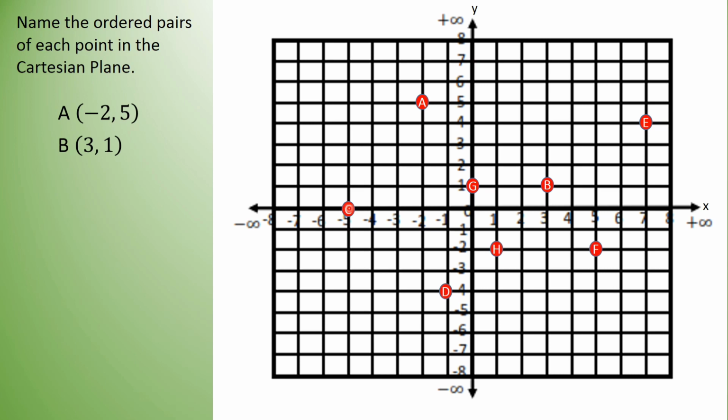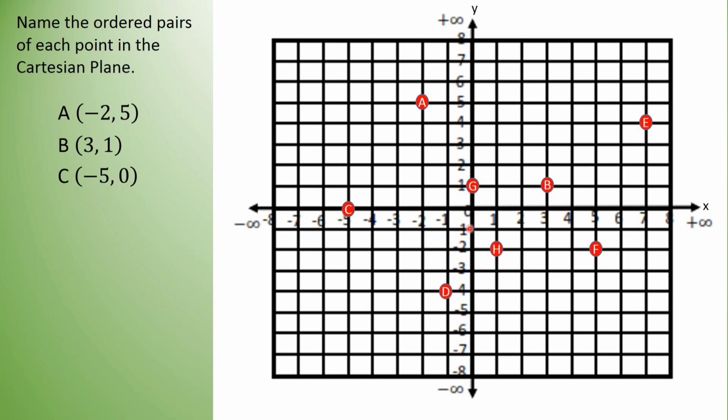So we have here -5. Okay? And then on our y-axis, as you can see, we do not move from -5. Therefore, the value of the y-coordinate would be equal to 0. So our ordered pair for point C is -5, 0.